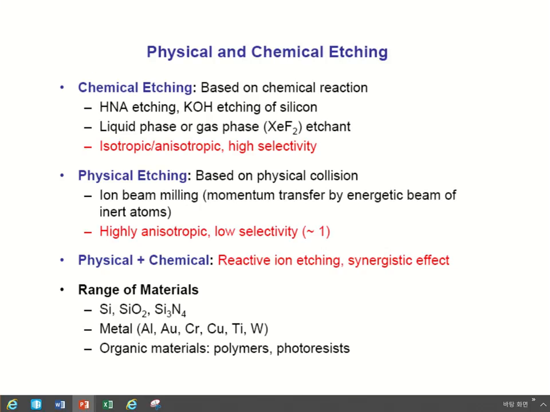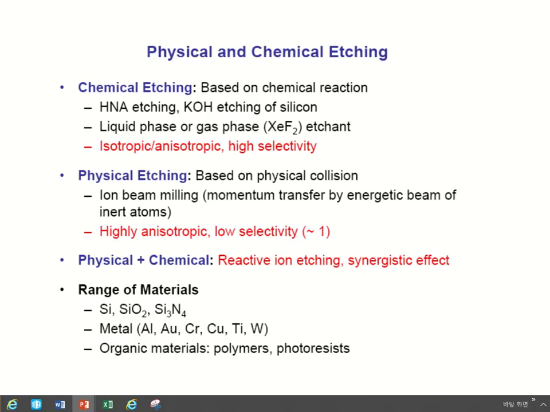Liquid phase or gas phase etchant is usually used, and then you can be isotropic or anisotropic. Also, it has high selectivity comparing your mask material and your target material.